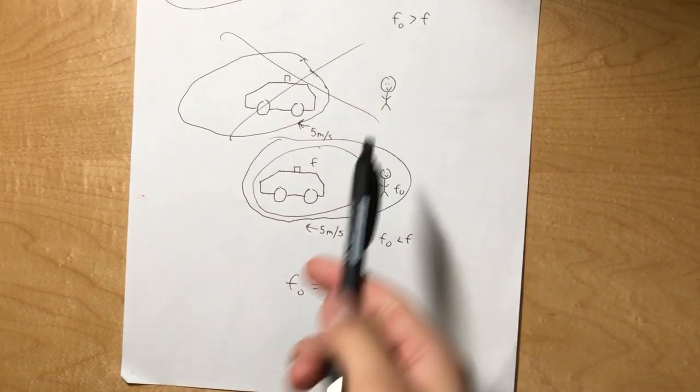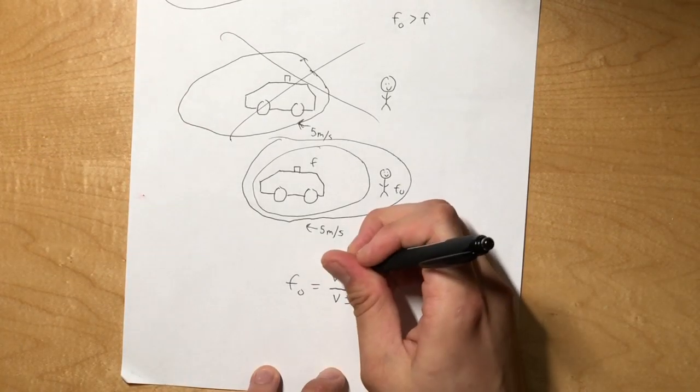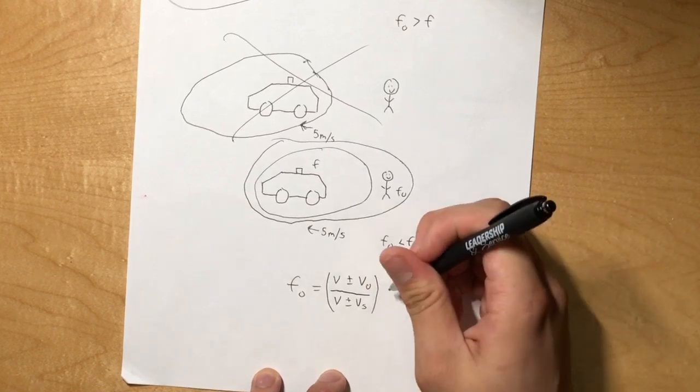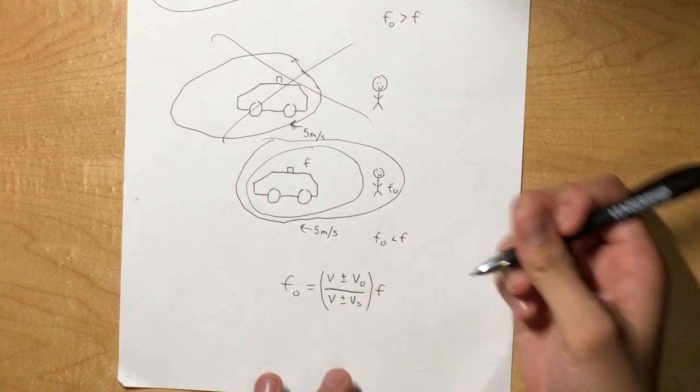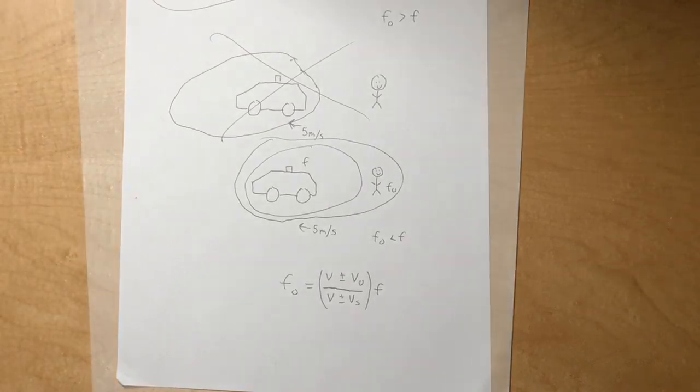And in our examples that we covered, we changed Vs, which is the speed of, in this case, the car, and that's all multiplied times the original frequency. And using that equation, you can solve many types of Doppler effect problems. And let's get started with them.